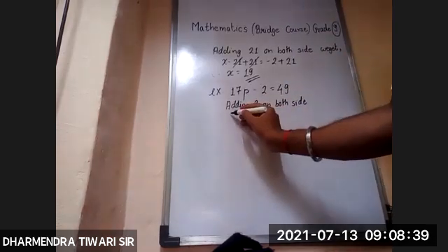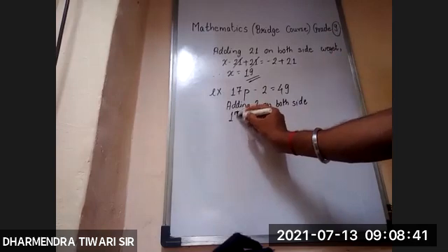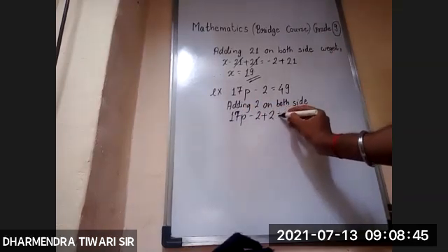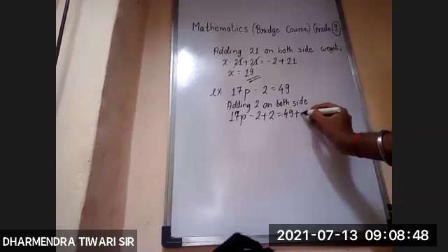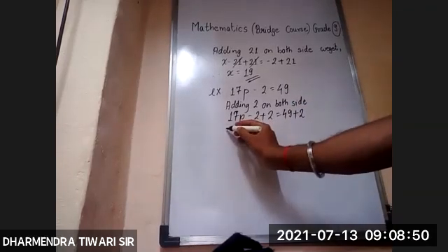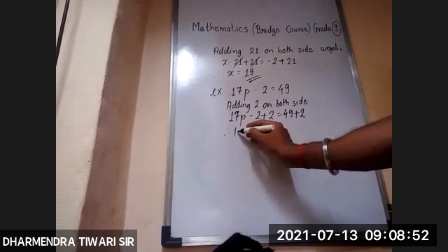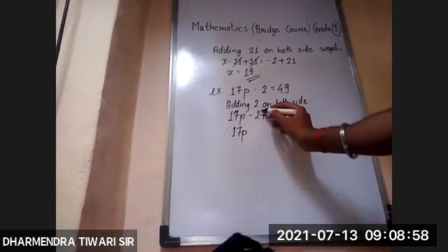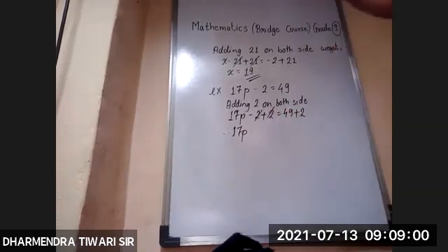So 17p minus 2 plus 2, 49 plus 2. What is our observation? In 17p, this 2 and minus 2 get cancelled.